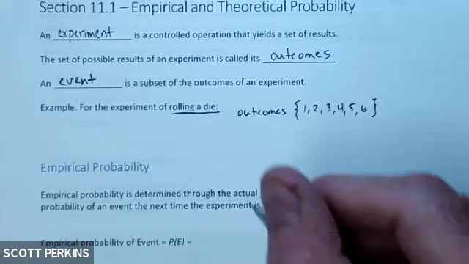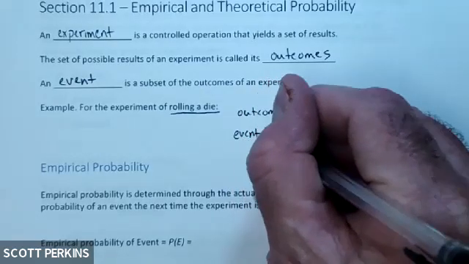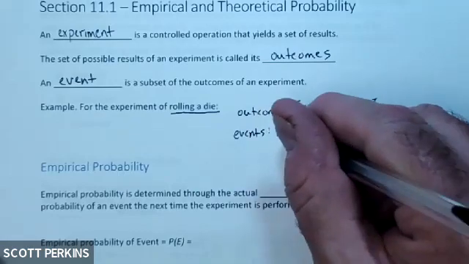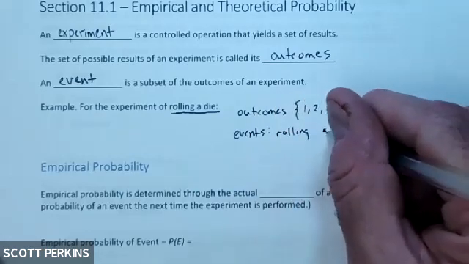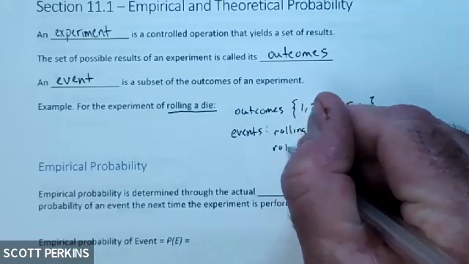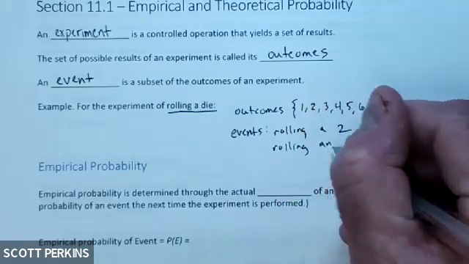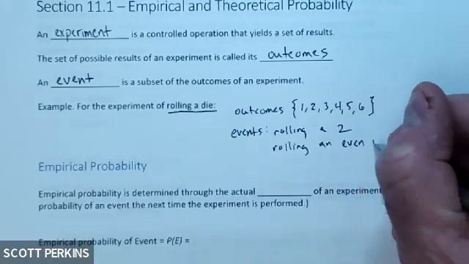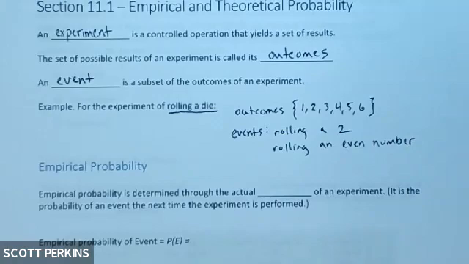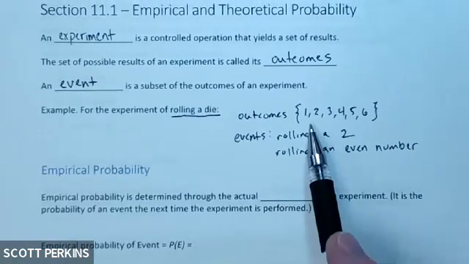Now we can talk about events, and I'm just going to make up a couple of events here, and these are the things that we can find a probability of. So some different events might be rolling a 2. That is an event that I can calculate the probability of. Another event would be rolling an even number. Again, each of these events is some subset of these possible outcomes.